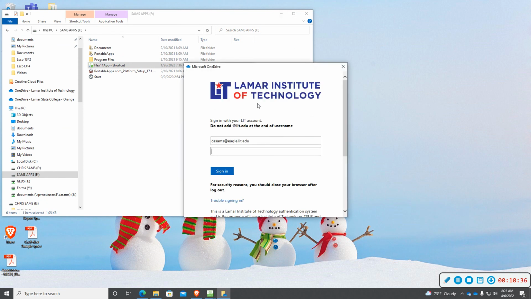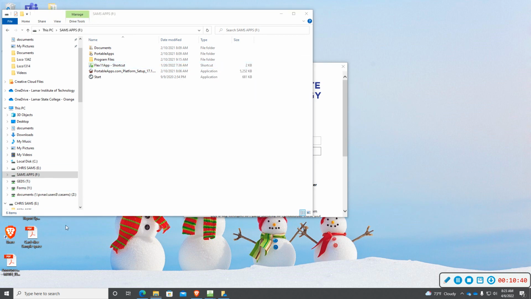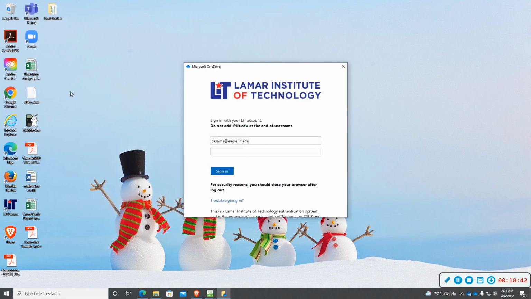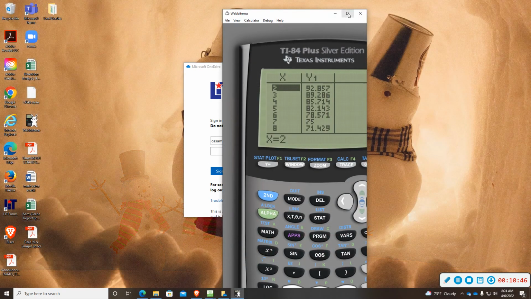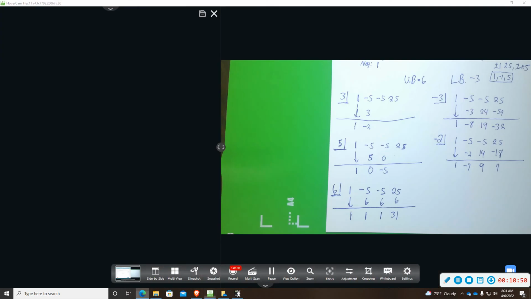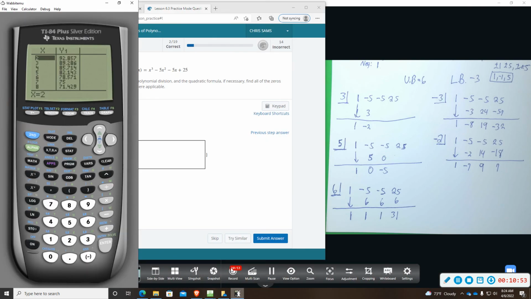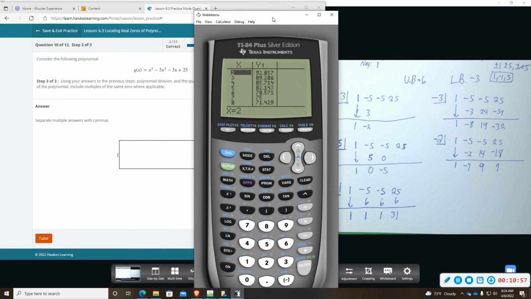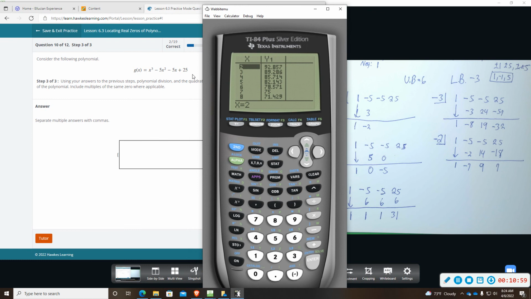Let me minimize all this real quick. Okay, so on the calculator, what you can do is we're going to type in this equation to y equal.